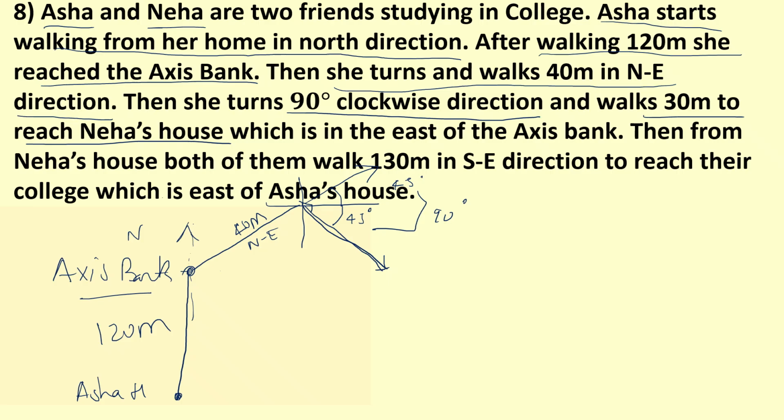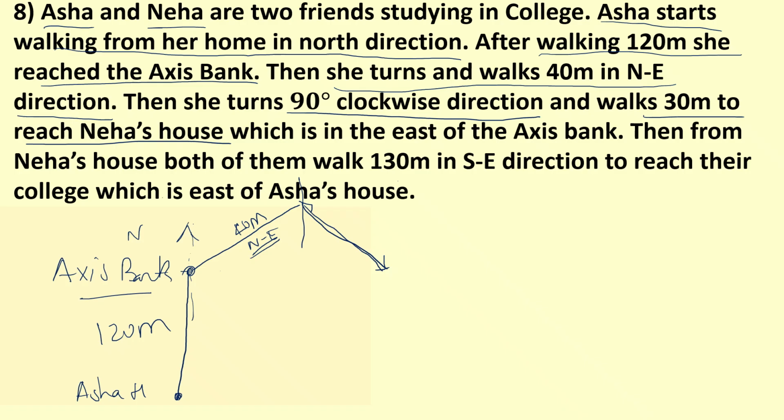So 90 degree is this, correct? And that's why it will come in the southeast direction, because first she was in the northeast direction. Then they have said 90-degree clockwise direction, so that means it will be in the southeast direction and she walks for 30 meter.